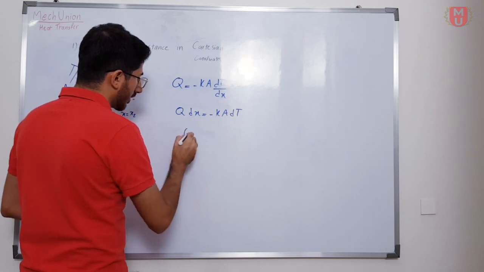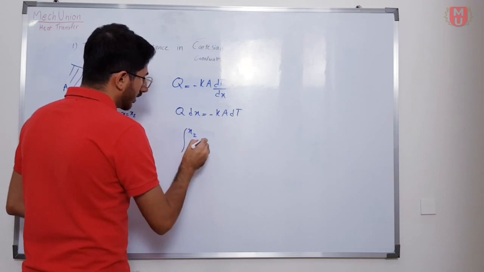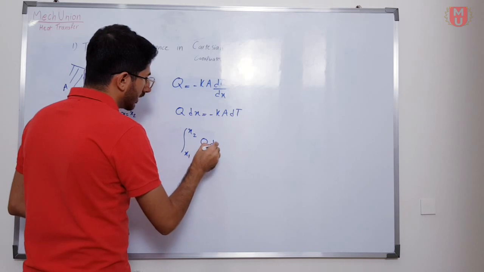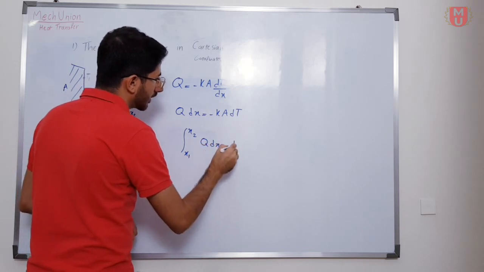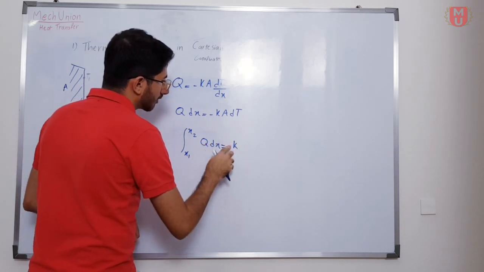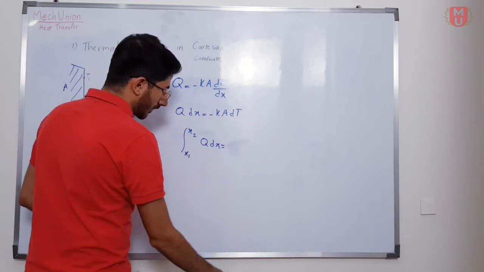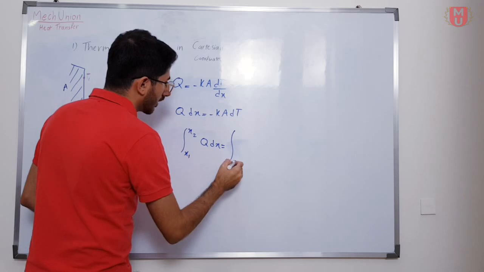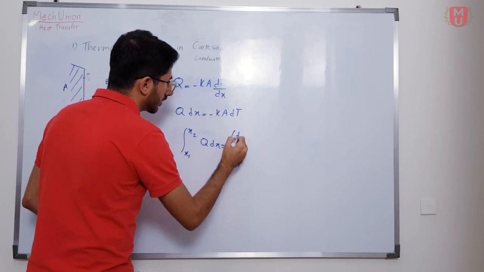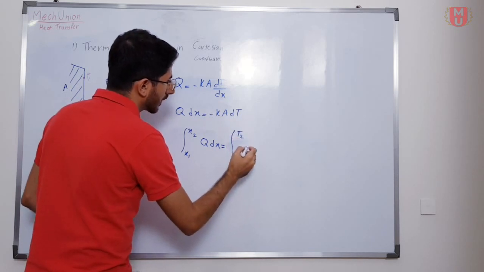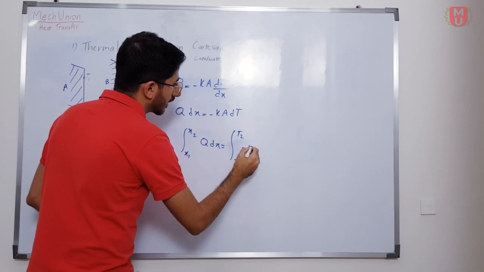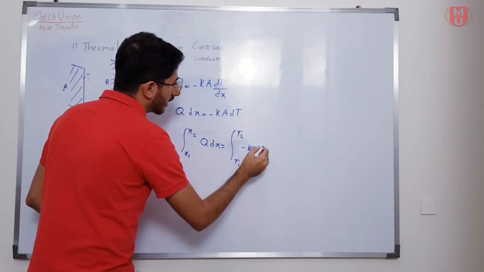From x1 to x2, Q dx equals, from T1 to T2, minus K A dT.